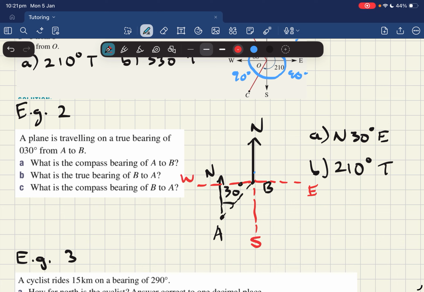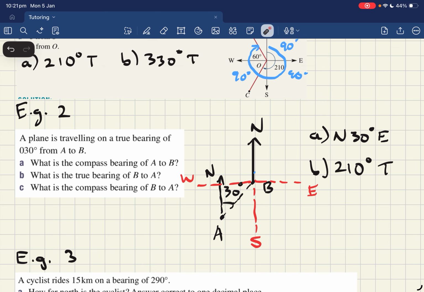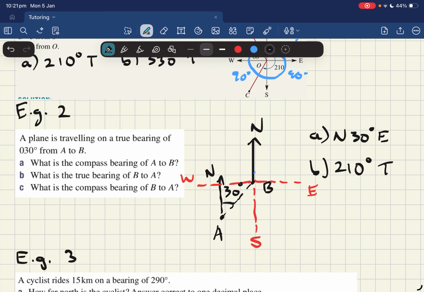Now we can see that this one, A, is in between south and west, right? So if this angle in here is 30, the position of A, if we rewrite 30 here, if we write a compass bearing, it's going to be south 30 degrees, then west.